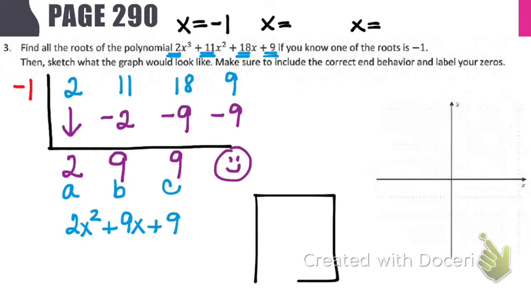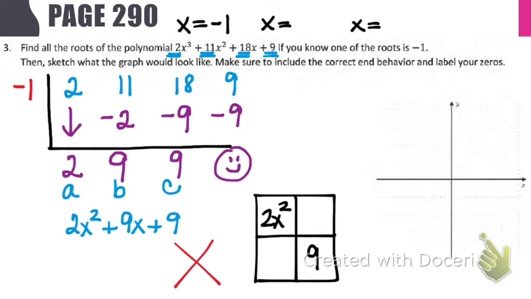Make your box. You have 2x squared. A goes here, C goes here. Go ahead and find your two numbers that multiply to be 2 times 9 and add to B. So take a moment, see if you can finish factoring that out, and then we'll come back together.